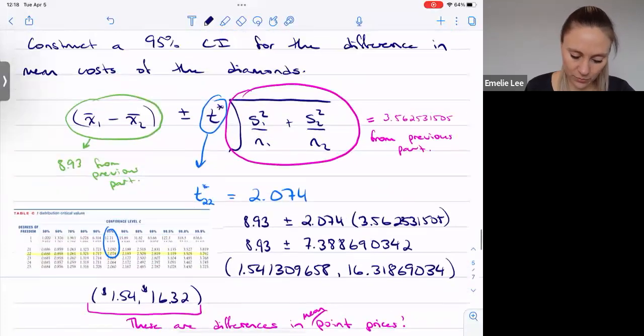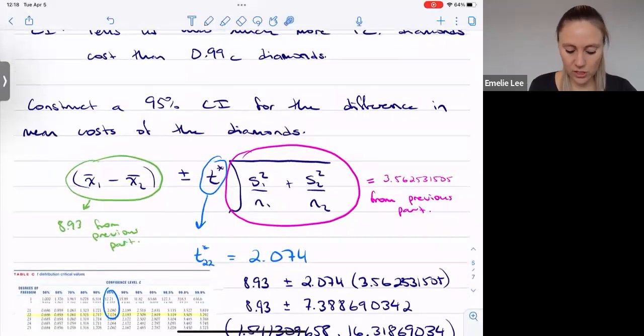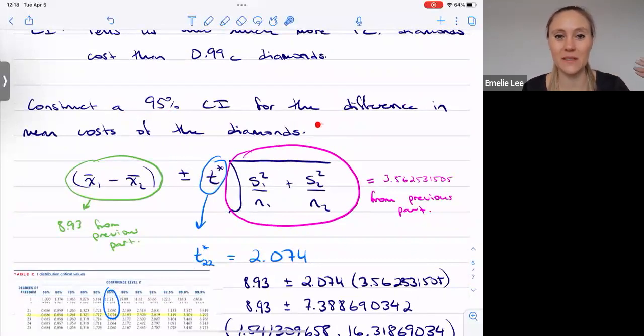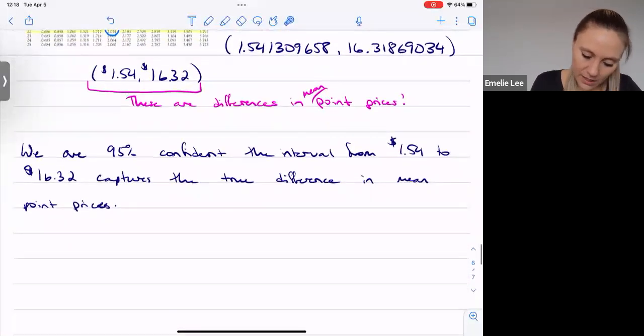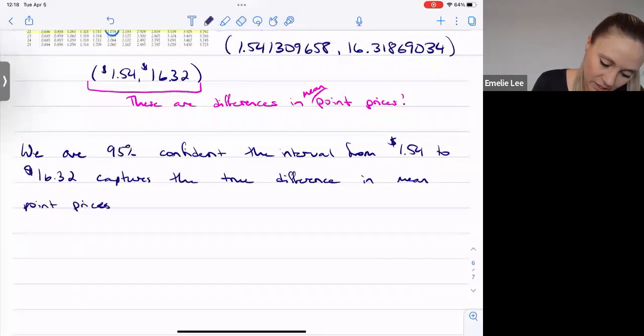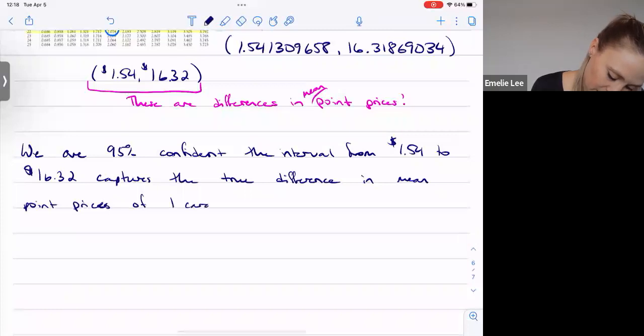Usually I would refer back to the questions here. So construct a 95% confidence interval for, and then that's what I'm interpreting, right? The difference in mean costs of the diamonds, but I said point prices, they mean the same thing, so it's okay. In mean point prices, and I'll elaborate here, of 1 carat and 0.99 carat diamonds.